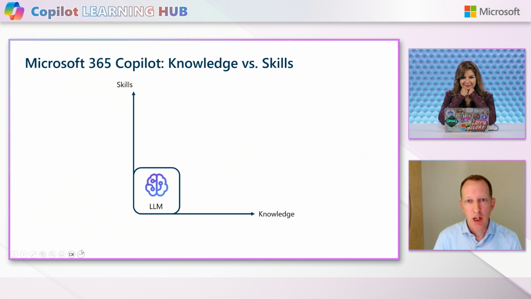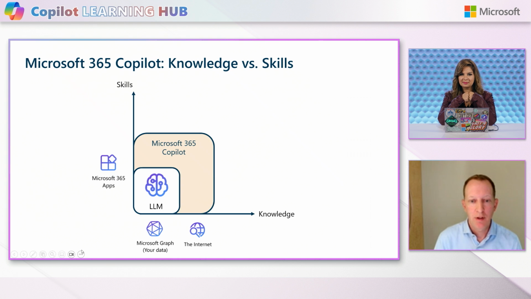When you take a large language model off the shelf, like GPT-4, you just have the knowledge within the model. But then when you add Microsoft 365 Copilot, you add extra knowledge like Microsoft Graph, your data that you use every day. You add the internet as a knowledge source, and you add skills to Microsoft 365 apps like Outlook and PowerPoint and Word. And now we have this extensibility story.